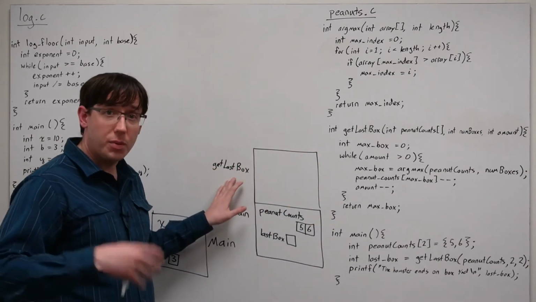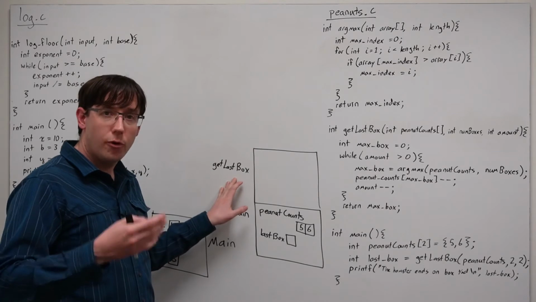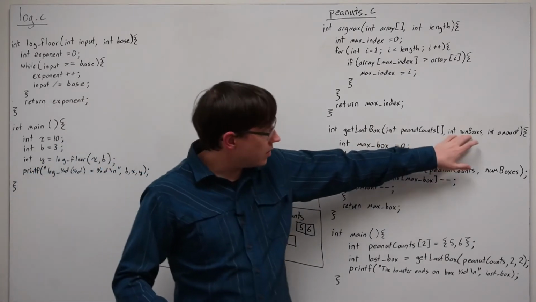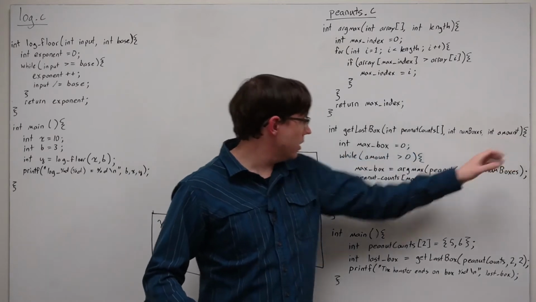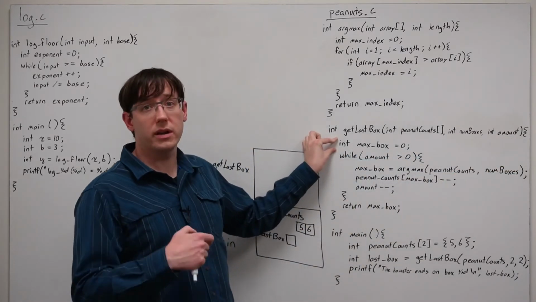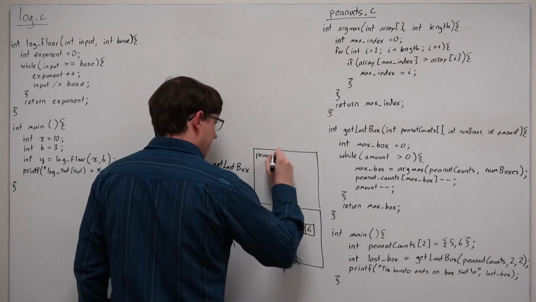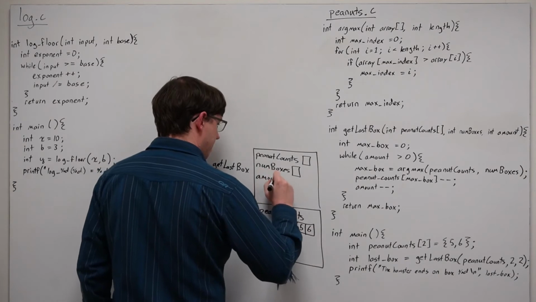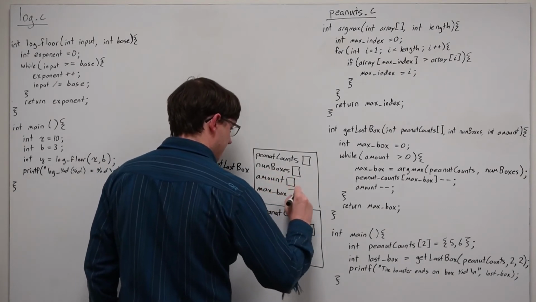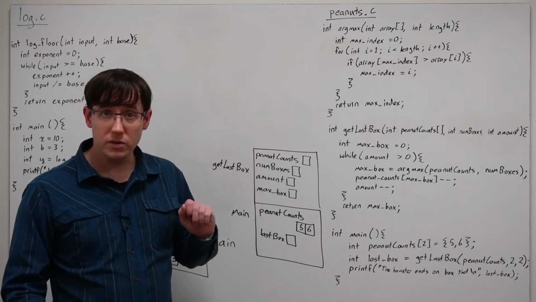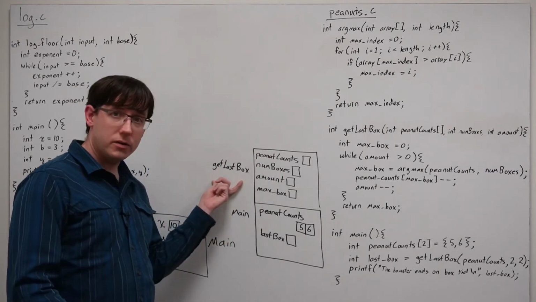In the getLastBox function, we have 4 local variables: the inputs, peanut counts, numBoxes, and amount, along with the variable maxBox that we declared in the body. A couple of things to note about the variables in getLastBox.